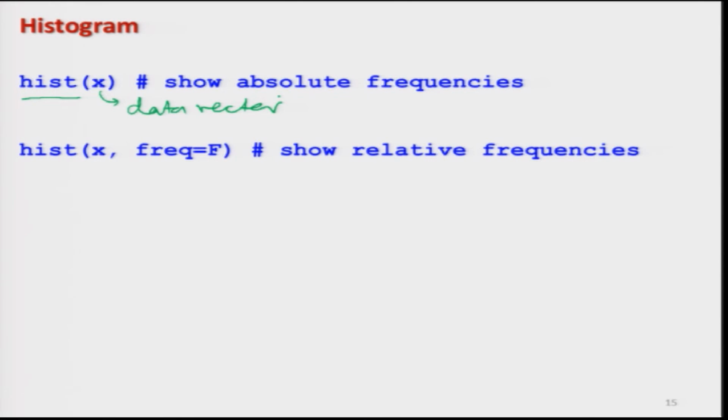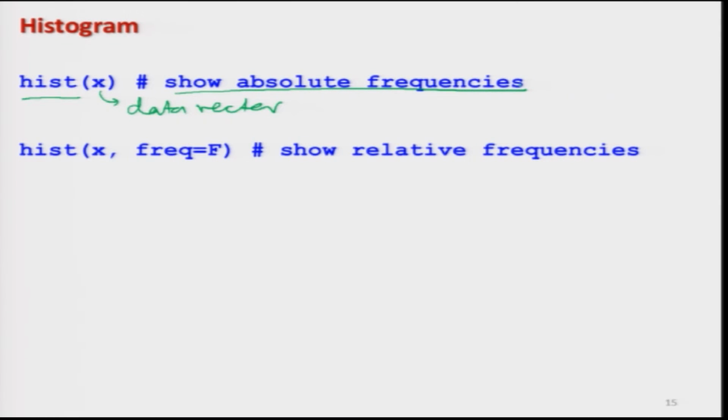Now, in histogram I have two options. Histogram can be created using the absolute frequencies or it can be created using the relative frequencies. In case I want to use the absolute frequency, then there is no issue. This command HIST will take care of it, and that is the default choice.